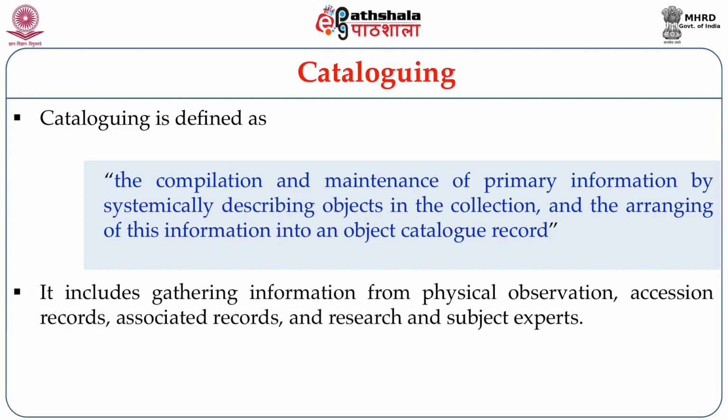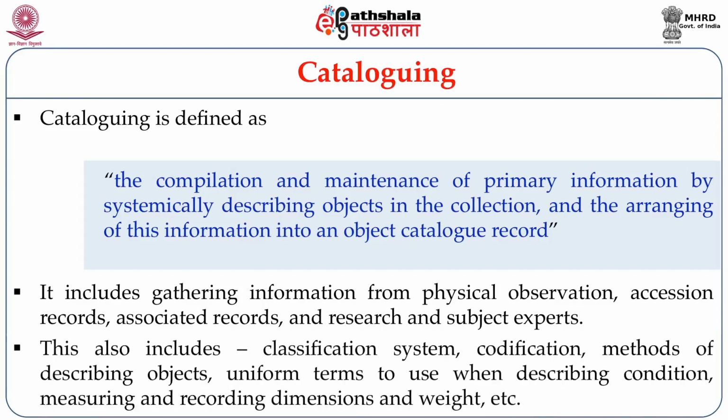It also includes gathering information from physical sources, observation, accession records, associated records, research, subject experts, etc. This also includes classification system, codification, methods of describing objects, and other uses when describing the condition of the object, measuring the dimension, weight, etc., and all of this.